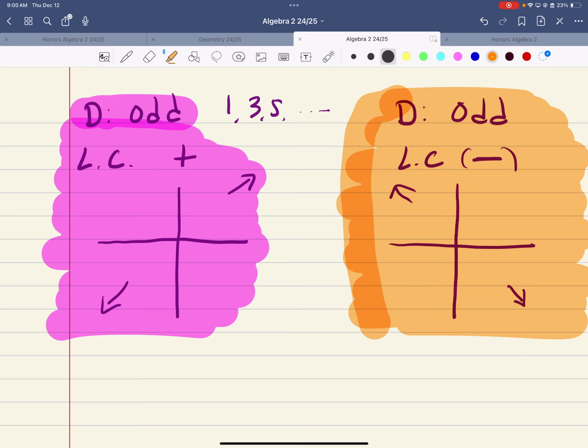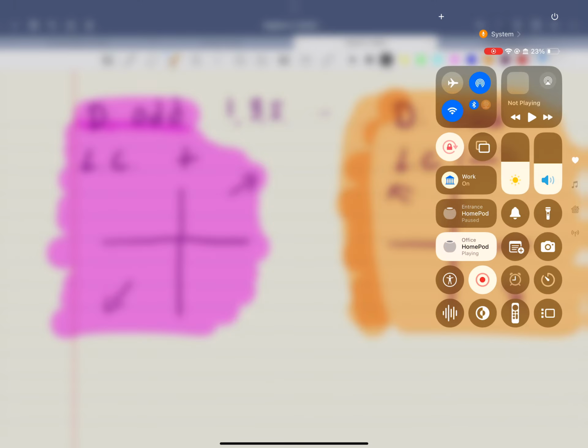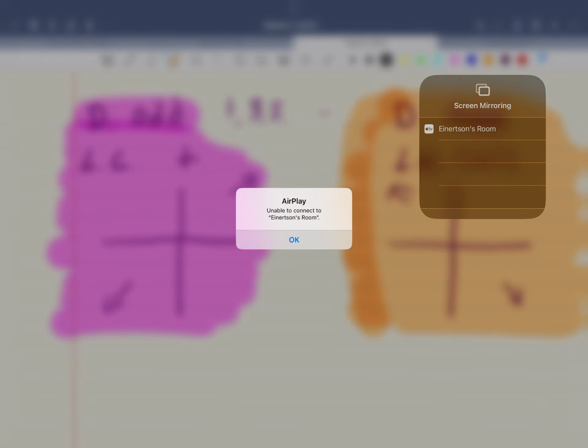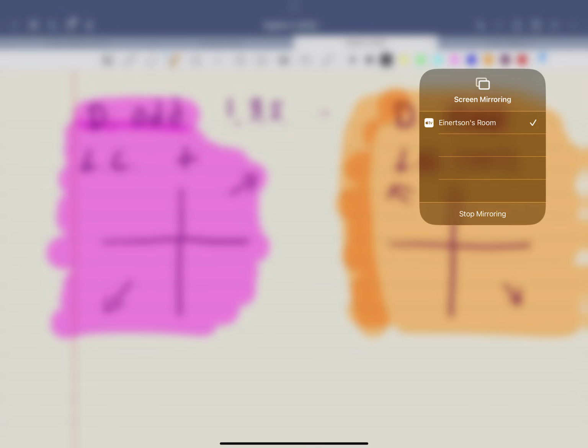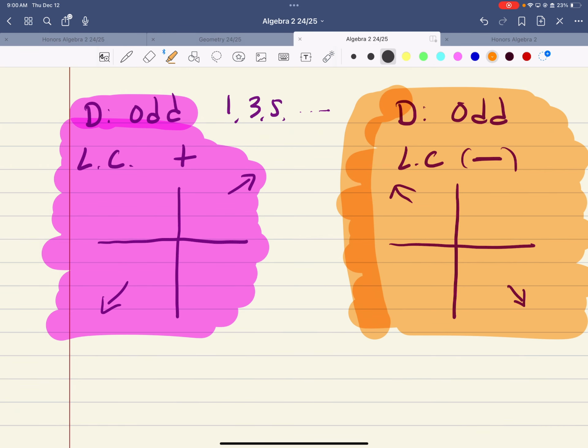Same thing with the leading coefficient if it's odd. It's going in the upward direction from left to right. If it's odd with a negative slope, it's going down. So that's why we've got that.